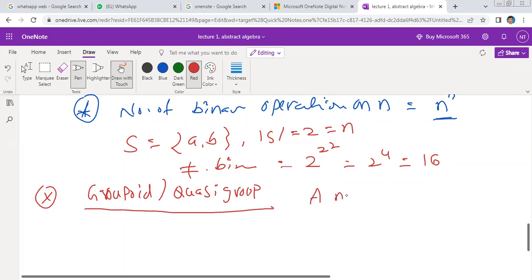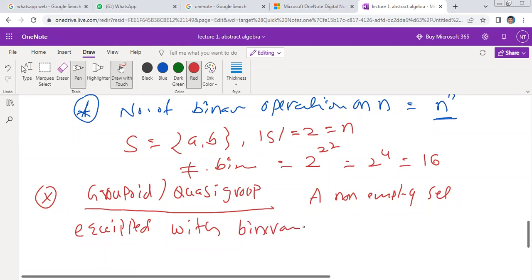A non-empty set equipped with a binary operation is called a groupoid.